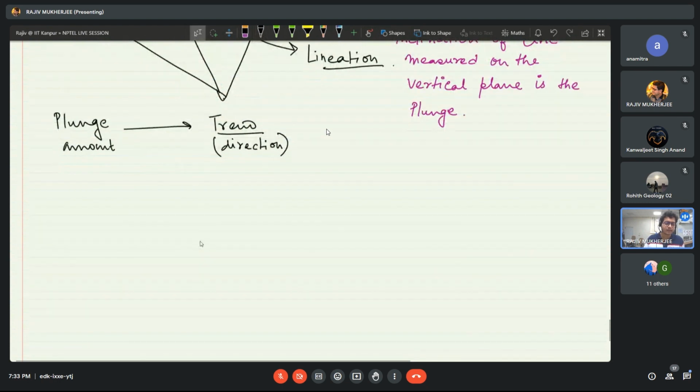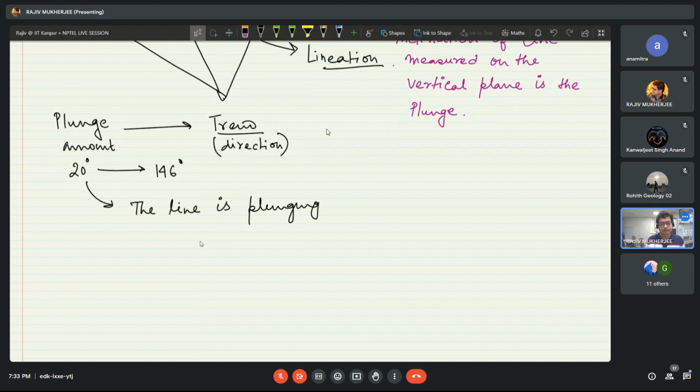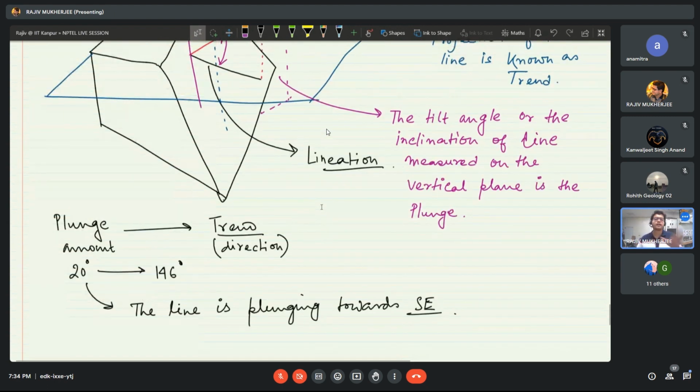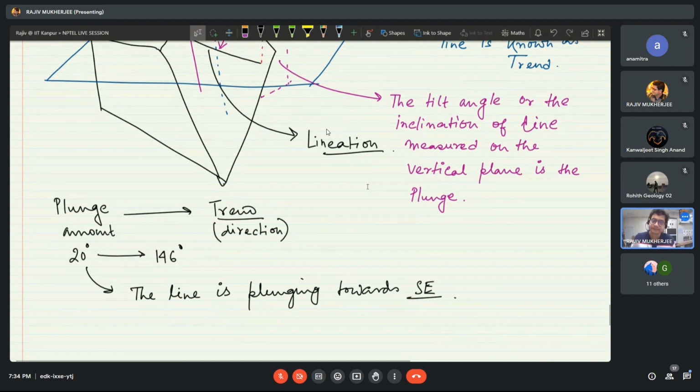So if the plunge amount is, say, 20 degrees, and I write 20 degrees towards 146, that would mean the line is plunging towards the southeast. This is the simple interpretation of the trend and plunge that we commonly refer to for a line.